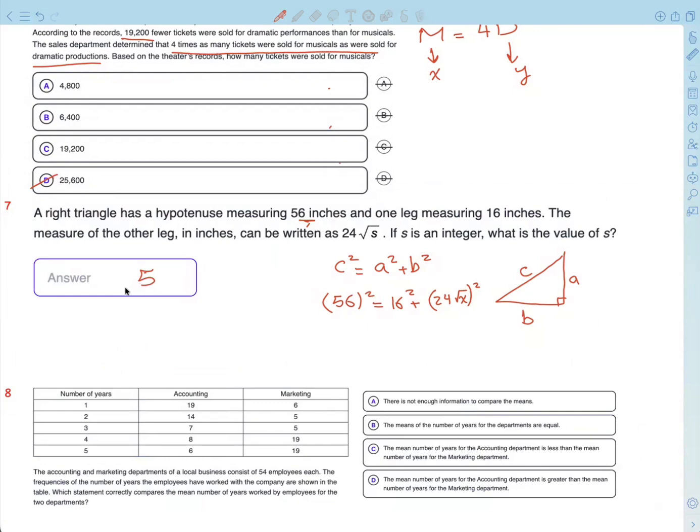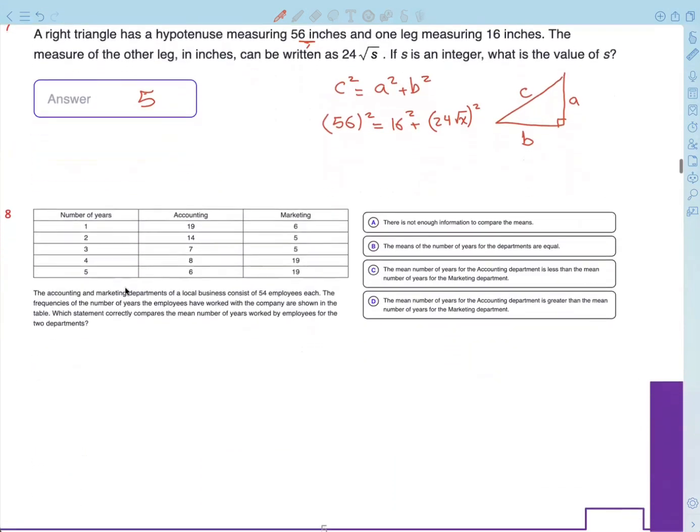Let's move to question 8. This is the number of years. This is the accounting. This is for marketing. The accounting and marketing departments of a local business contain 54 employees each. We have this frequency table showing which statement correctly compares the mean number of years worked by employees for the two departments.